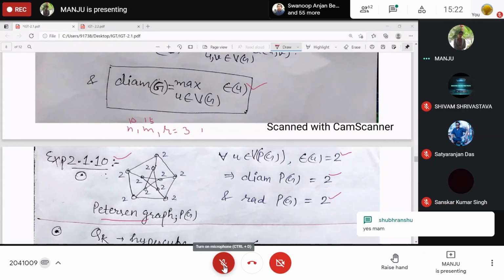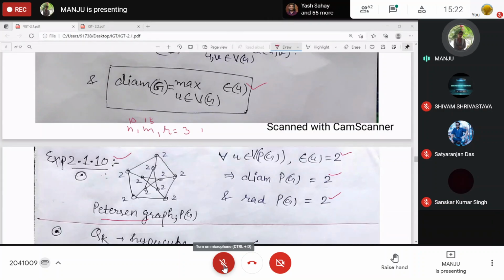Subhranshu, Swam Swai, Tibun Mohanty, Yes, ma'am. Avisar Singh, Avisar Singh, Gaurav Deshmukh, Srinath, Yes, ma'am.